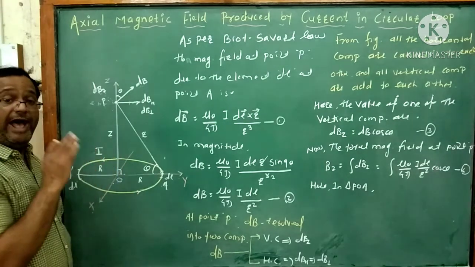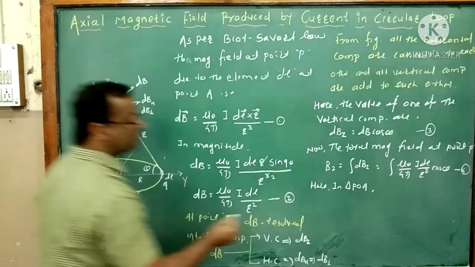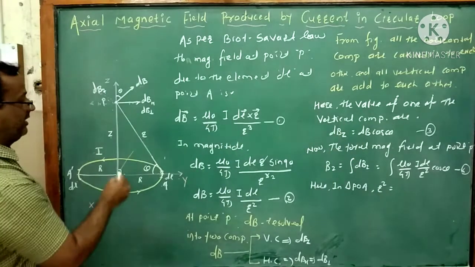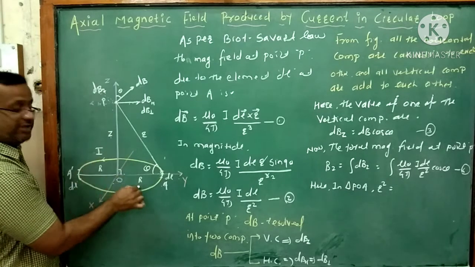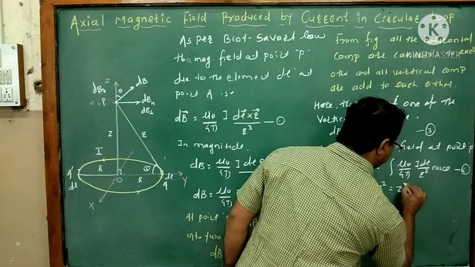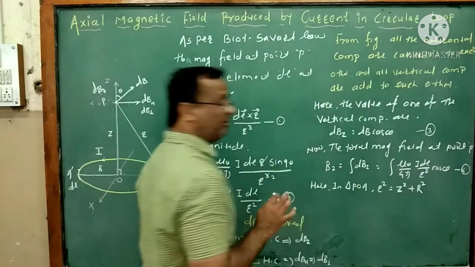As per the Pythagoras theorem, this R square is equal to the sum of squares of these two sides. So Z square plus simply R square. Now this will be the value of R square.